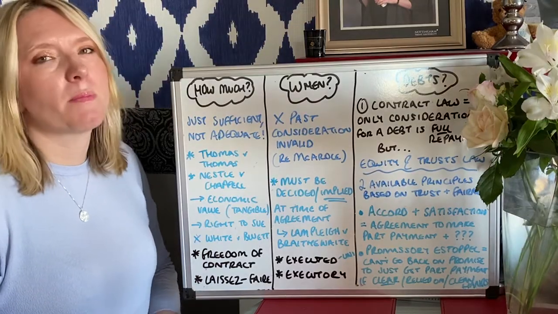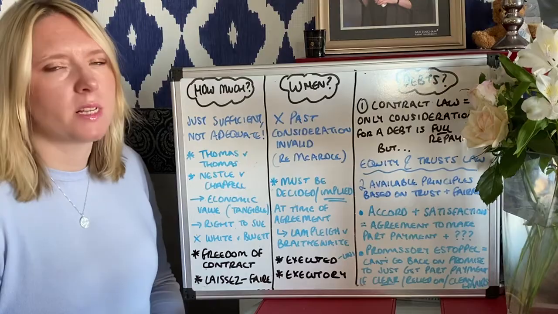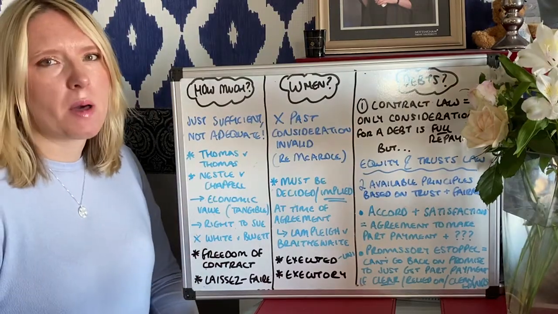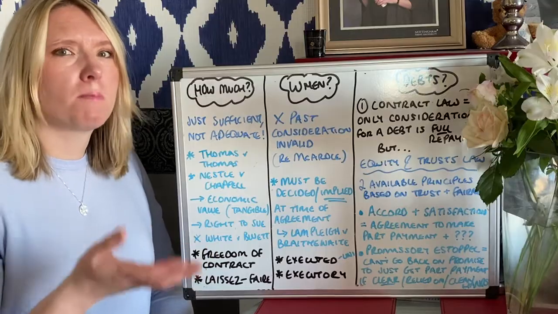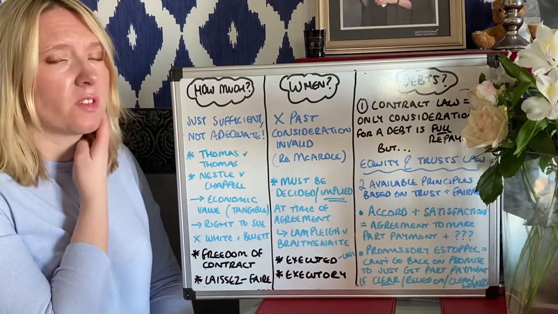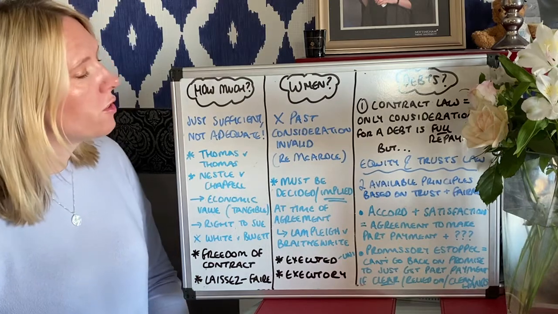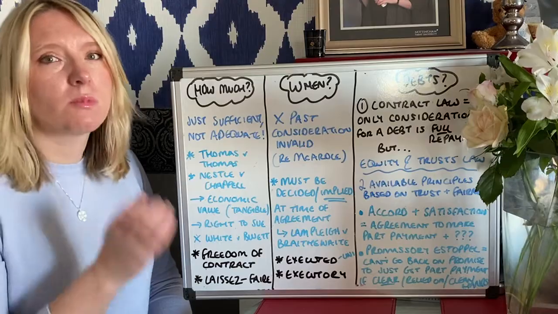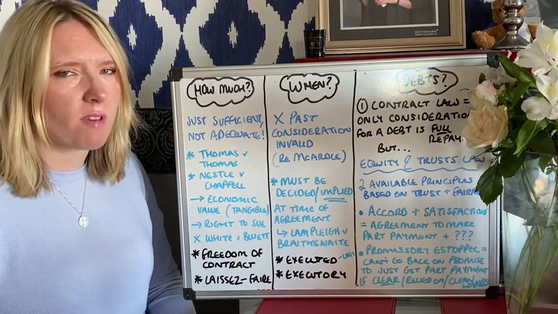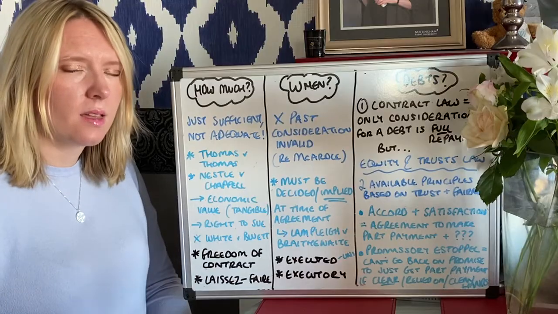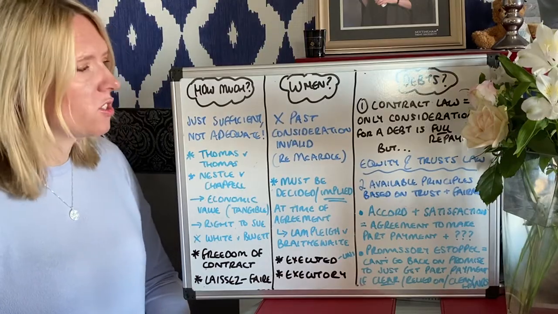If they wanted to accept a pound, if they wanted to accept sweet wrappers, that was up to them to decide. White versus Blewett failed, however, because the consideration to stop complaining about his father spending money, that wasn't something that had a tangible value. So that could not be consideration. Because they have freedom of contract, it's up to the parties to really determine what is right for them. So don't fall into the trap of thinking it has to be enough money. That's entirely up to you what you charge for your goods or services.